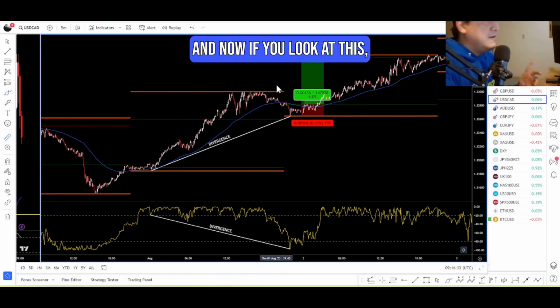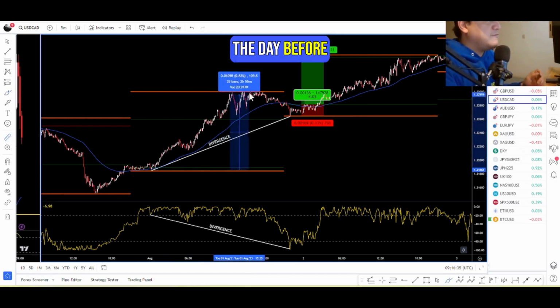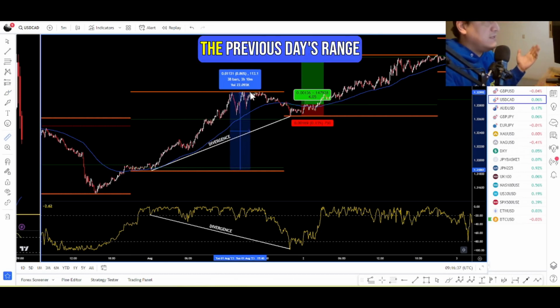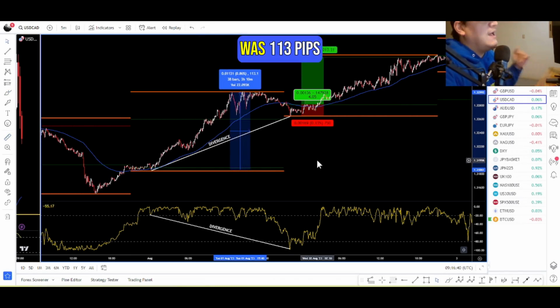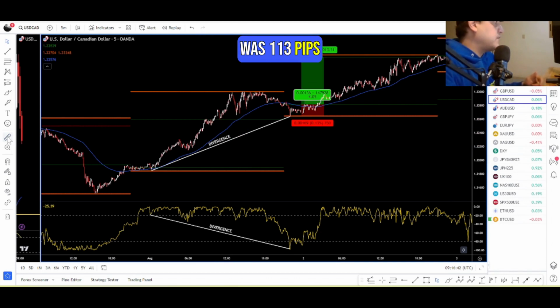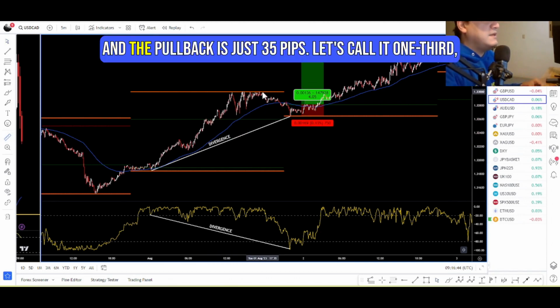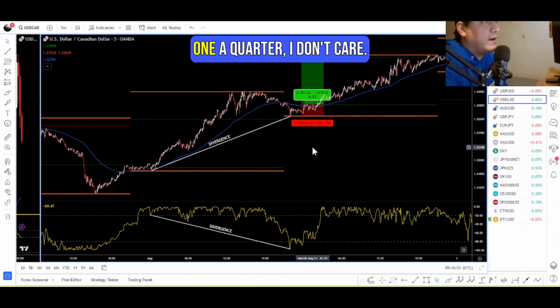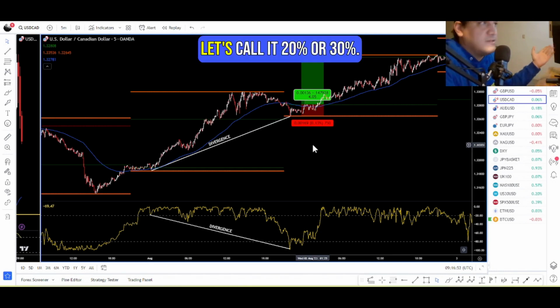And now, if you look at this, the previous day's range was 113 pips. And the pullback is just 35 pips. Let's call it a quarter. I don't care. Let's call it 20% or 30%.